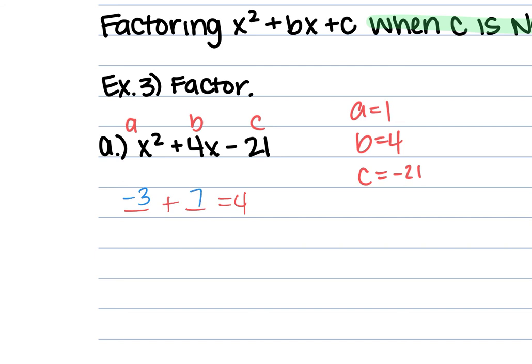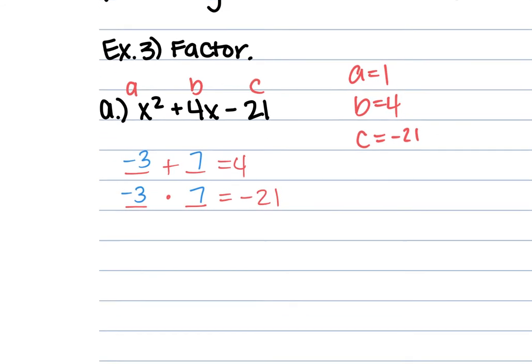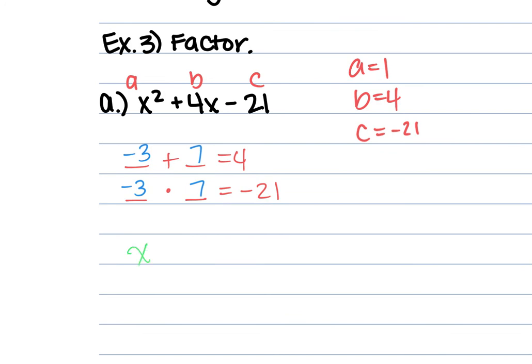Positive 7. And then -3 times 7 is going to give you -21. So it's going to be (x - 3)(x + 7). Excellent, Janessa. Excellent.